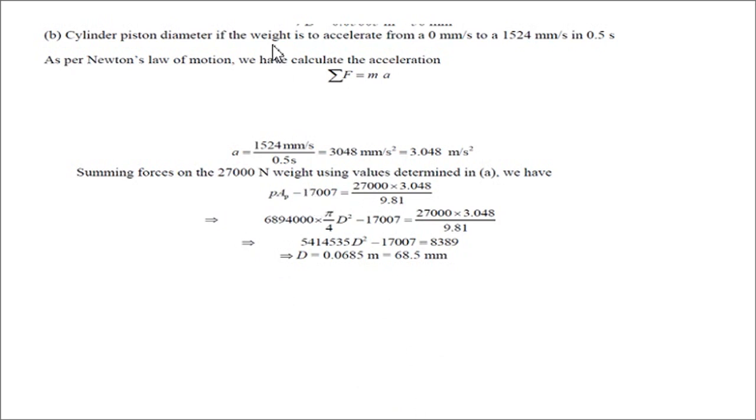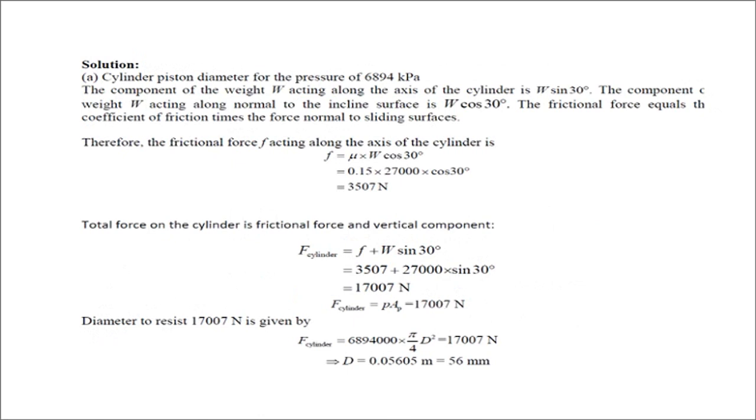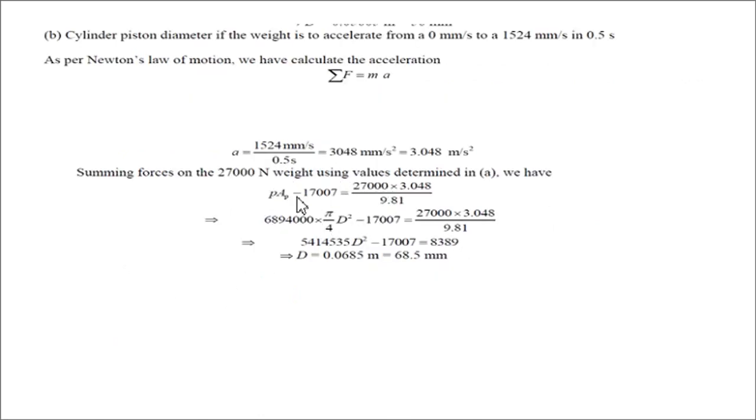Now why is this considered as minus? Because that particular force is acting against the force which is applied by the cylinder. So this 17,007 Newton we just calculated acts in a reverse manner. That is why it is taken as minus, is equal to mass into acceleration. So since you know the pressure value, you can easily find out the required diameter.